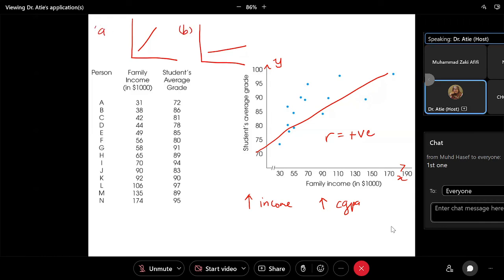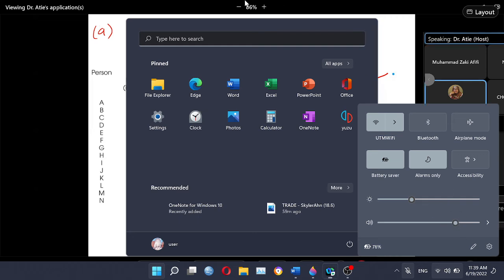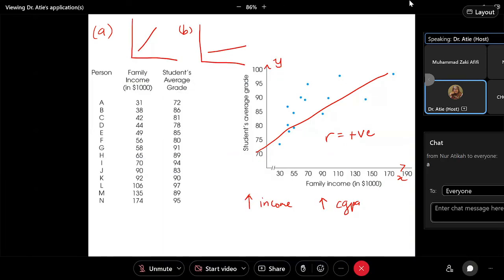A, yes, the answer is A. Do you know why? The slope is steeper, so to climb the hill is harder, more difficult. This one is very easy. So we can say this one has a higher or stronger relationship, a stronger R. This one is less strong.